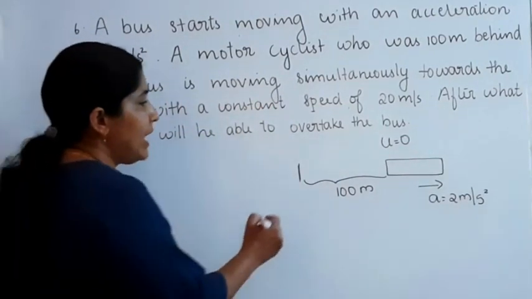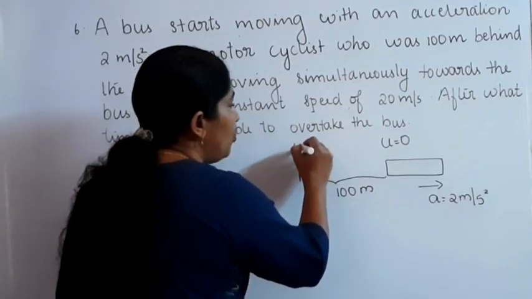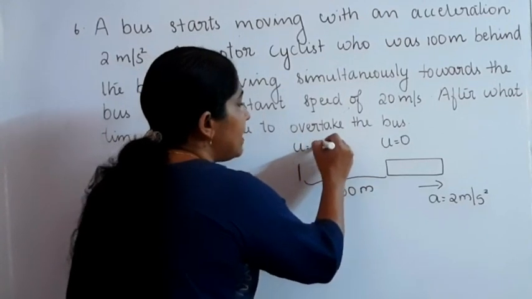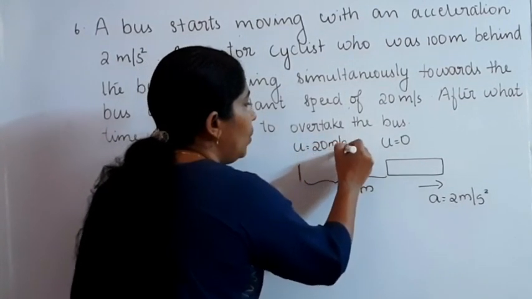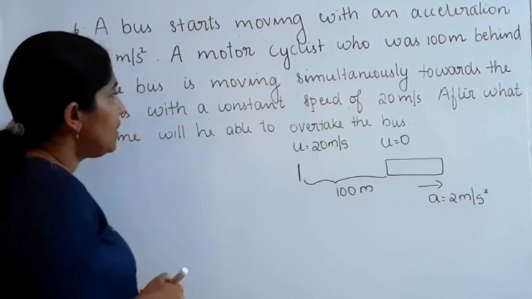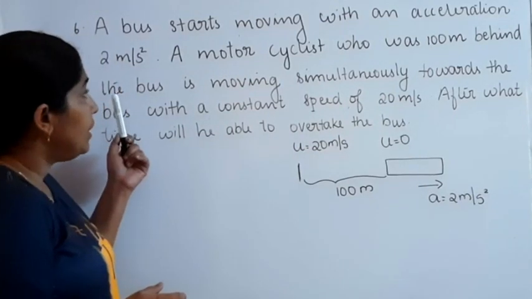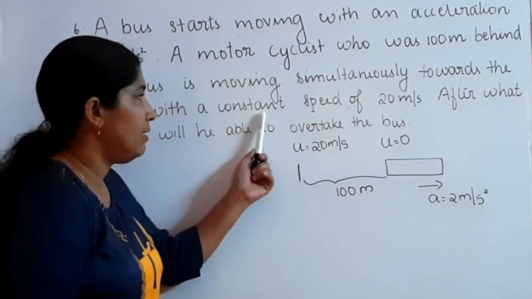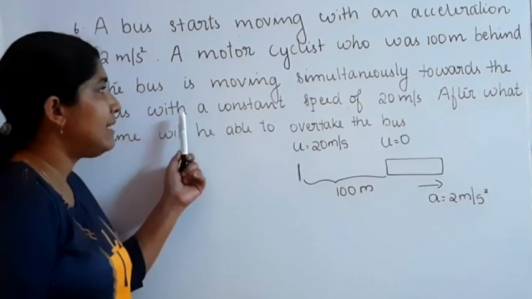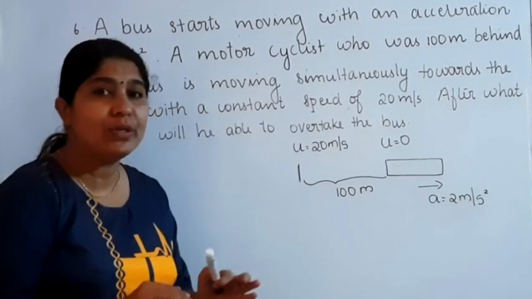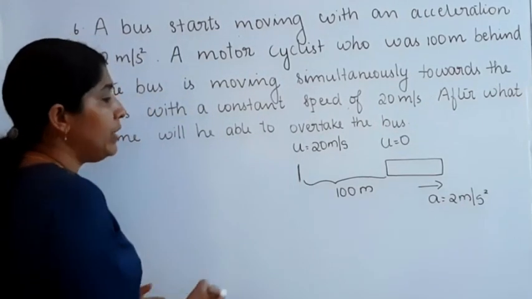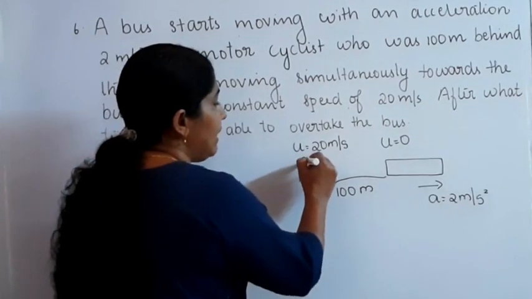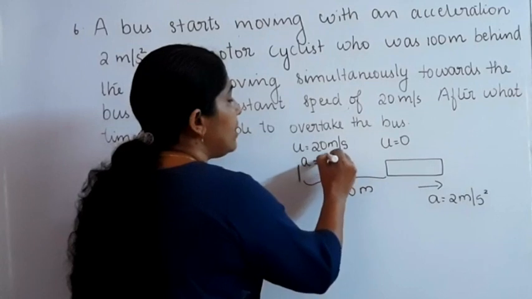Speed of the motorcyclist is 20 meter per second. The motorcyclist moves with a constant speed, therefore the acceleration of the motorcyclist is equal to 0.